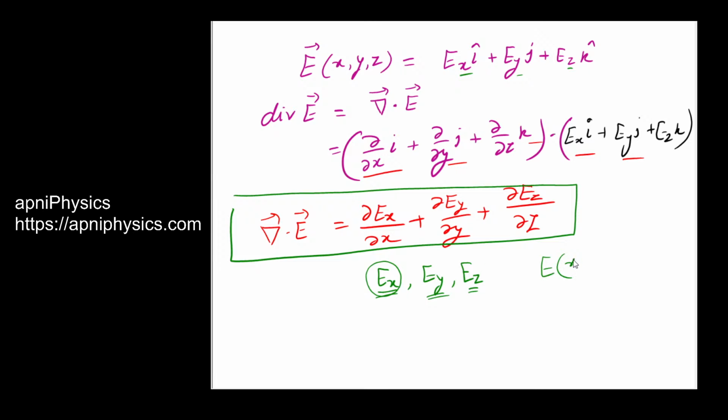Electric field is a function of x, y, z, and when we talk about electromagnetic waves, then we will include t also. But right now we are not taking t, so we are just talking about E as a function of x, y, z, right? And here Ex, Ey, Ez are different from these.